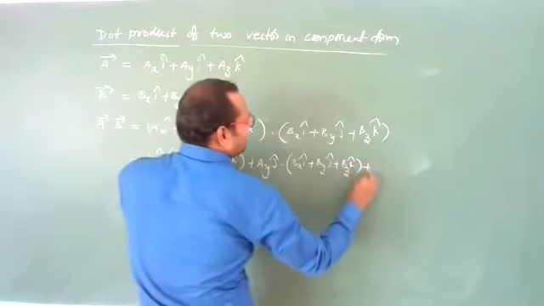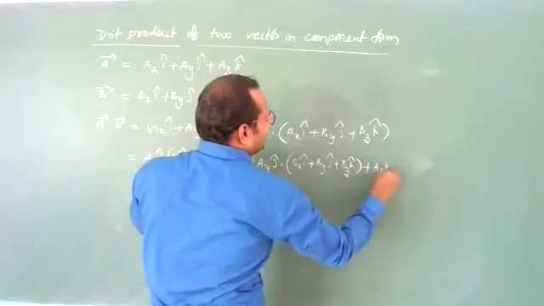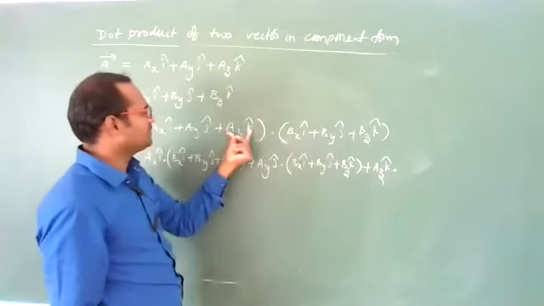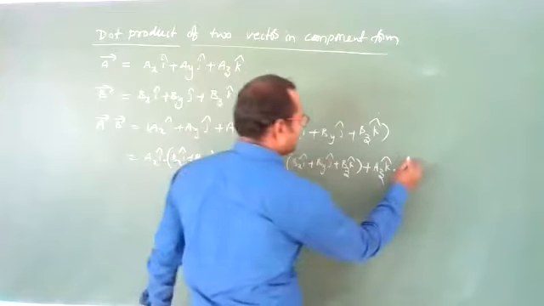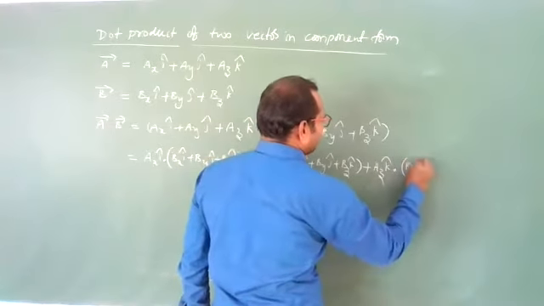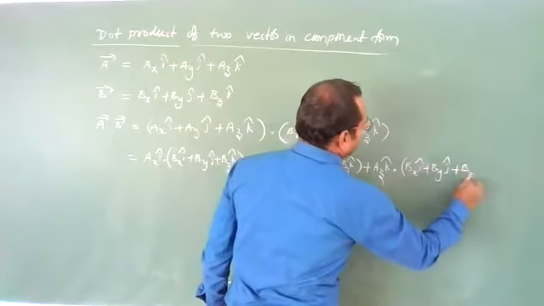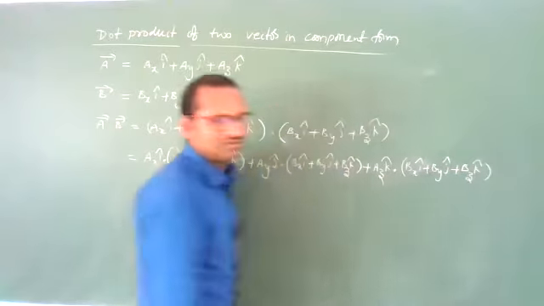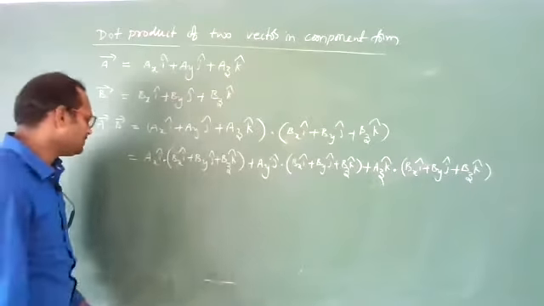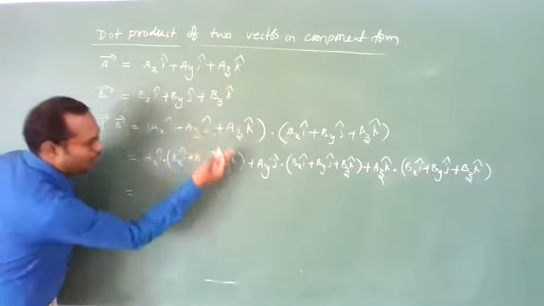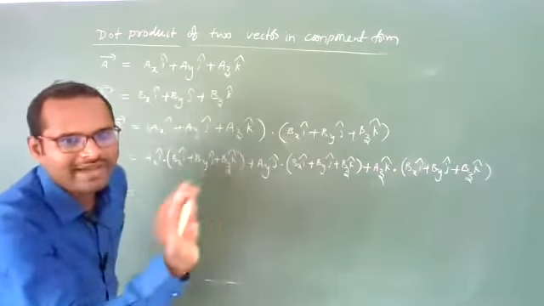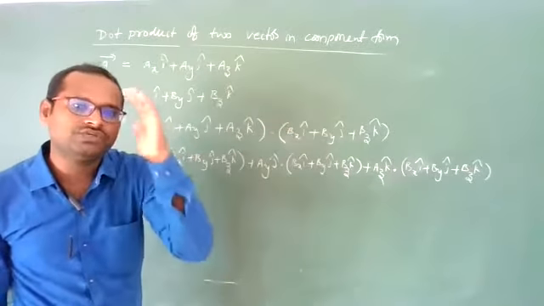Next, the last term, plus az k cap dot this total vector bx i cap plus by j cap plus bz k cap. So what we will get finally, that you see. You need not learn this by heart. The final result you will get, that you should understand.